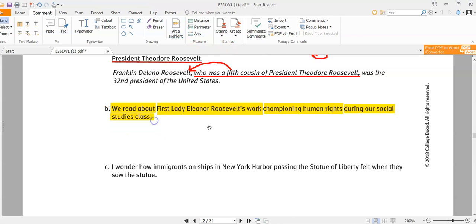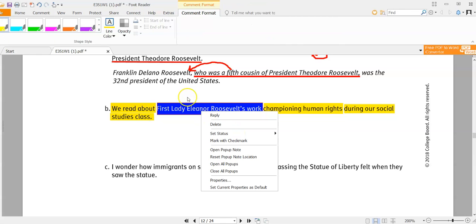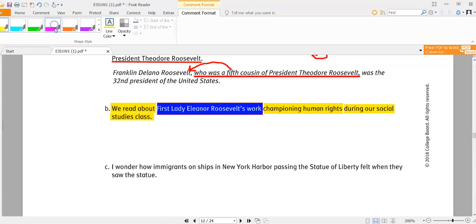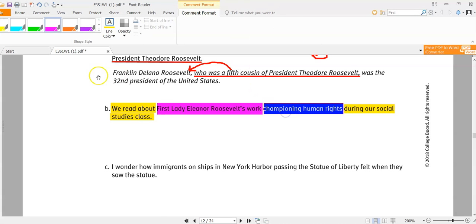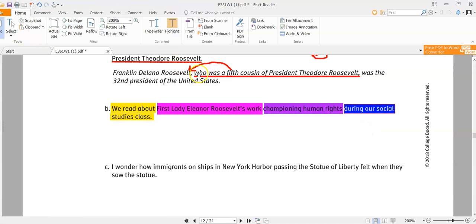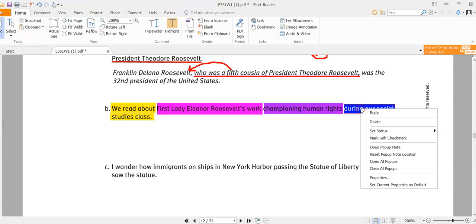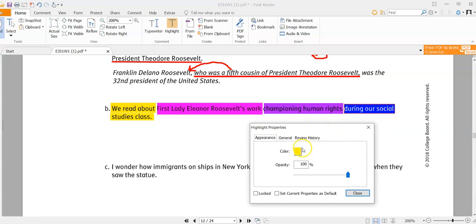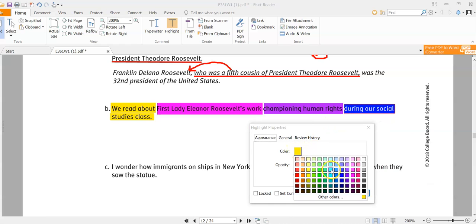So here we want to try to figure out what should go where. I'm going to make these all different colors to make it easier to see. I don't know why it wasn't populating for that one, but that's okay.